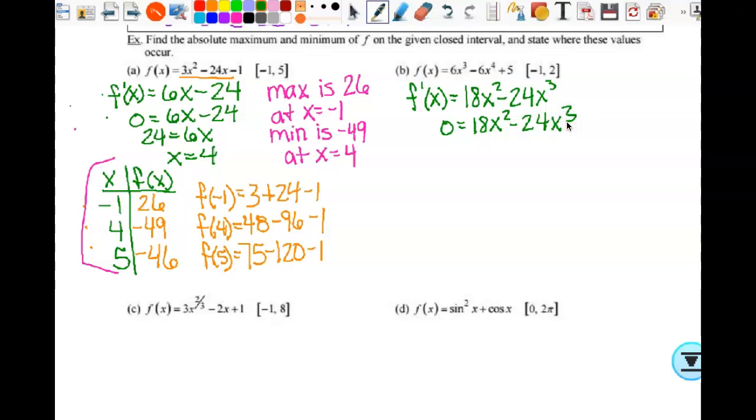Did any of you do the next step by moving something over to the other side? Don't do that, right? We don't do that. We did that on that one over there because it was linear. What do you have to do here? Factor. Do you have a GCF? Yes, make sure you use it.